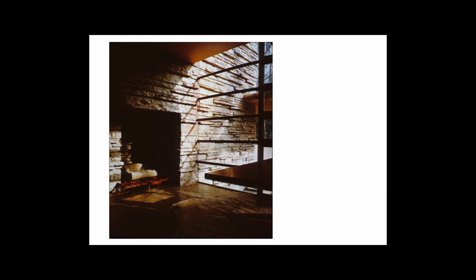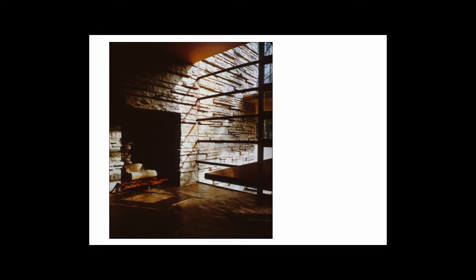I have this slide in here because Wright is interested in the continuity of flow from inside to outside. So these are mullions. There's glass here, and the glass butts into the stone wall. Now it would be much better if he put a metal mullion here for the glass to meet.